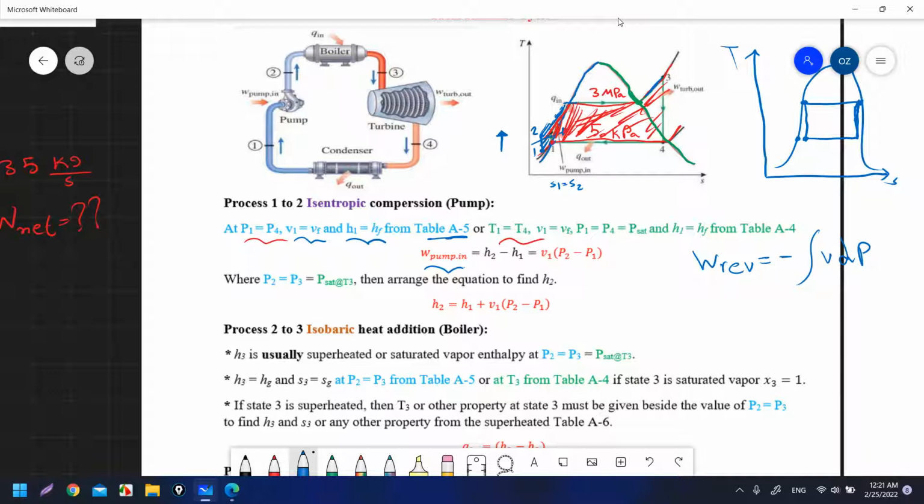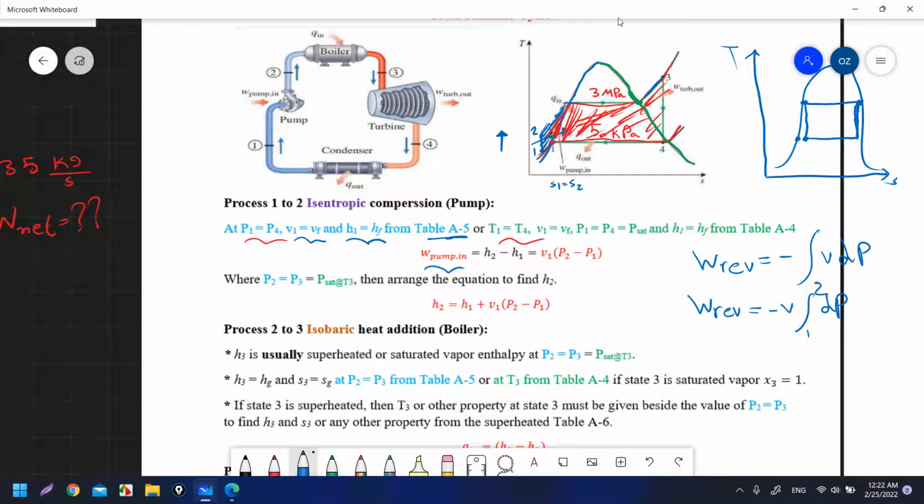The water here from 1 to 2 is an incompressible substance, so the change in volume is not that huge. So we will assume that the volume is constant, so the volume will go out of the integral, and the integral will be from pressure 1 to 2.